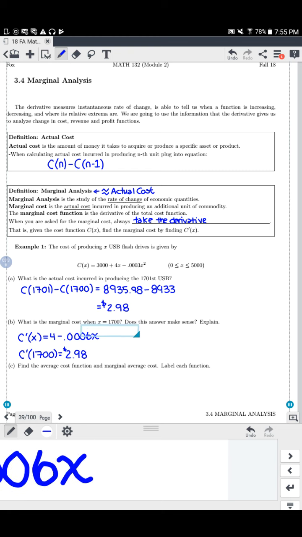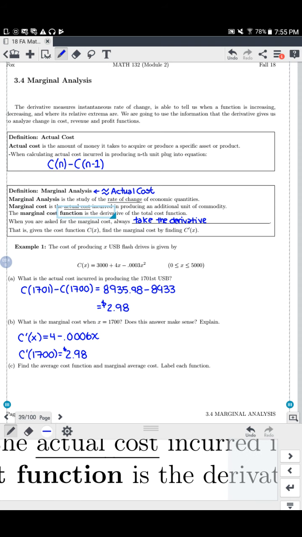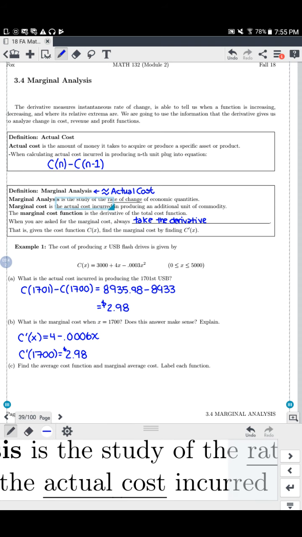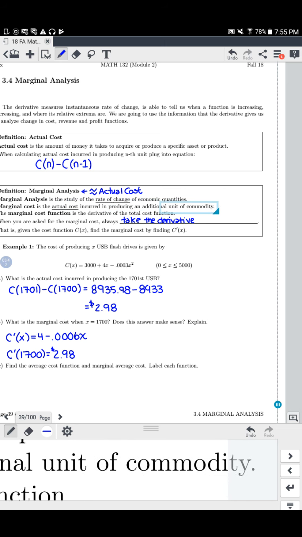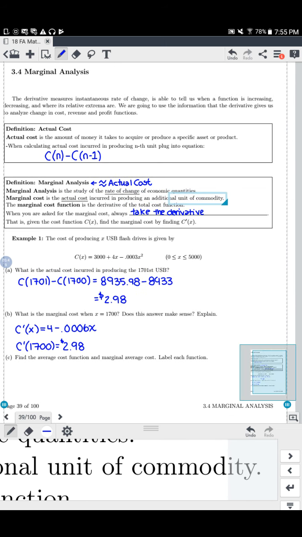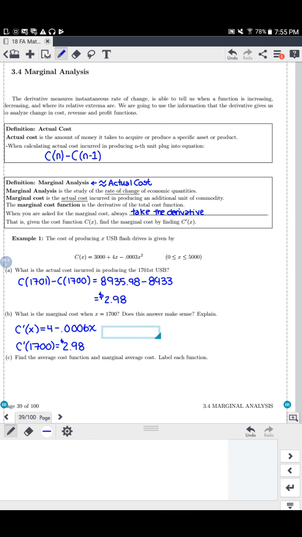Well, marginal analysis is supposed to approximate the actual cost in producing an additional unit of commodity. So plugging in 1,700 is going to approximate 1,701, that actual cost. So let's just write that down. This makes sense. Our answer makes sense.